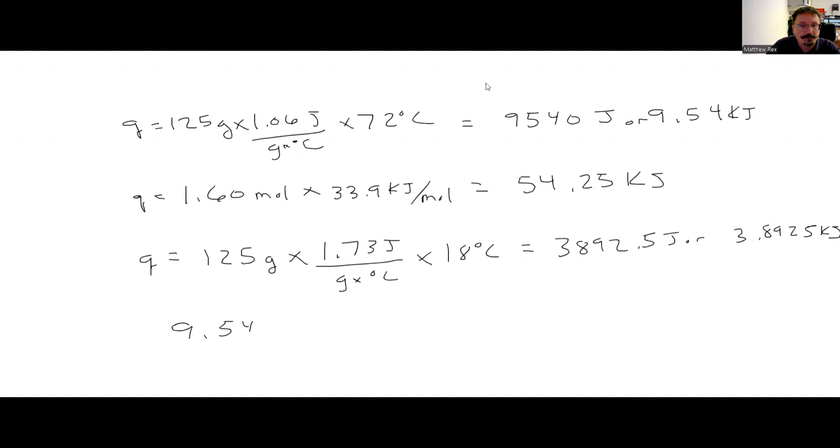And then just add them all together. 9.54 plus 54.25 plus 3.89. And we get 67.68, or out of the answer choices there, 67.7 kilojoules.